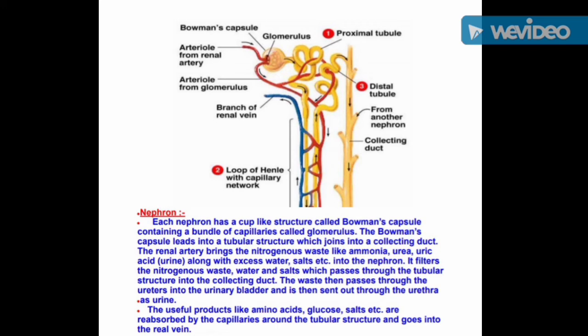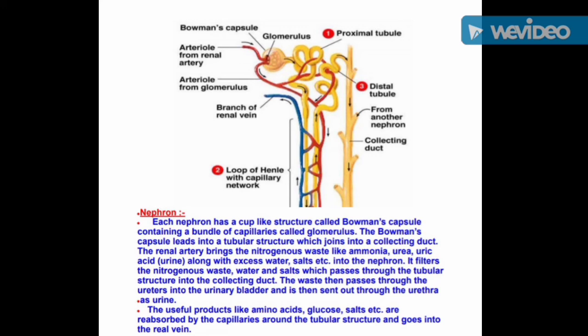The Bowman's capsule leads into a tubular structure which joins into a collecting duct. The renal artery brings the nitrogenous waste like ammonia, urea, uric acid, along with excess water, salt, etc. into the nephron.